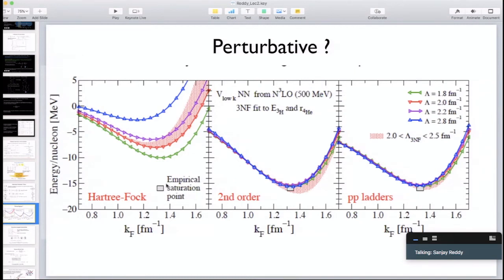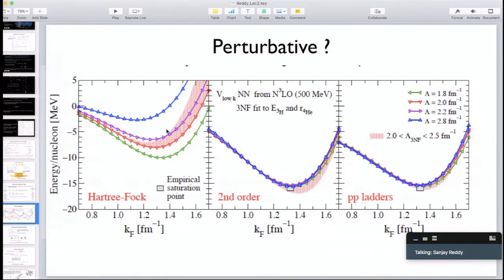We discussed that in the previous lecture. We know that the saturation point for symmetric matter is shown by this box, which is called the empirical saturation point. So we expect nuclear matter, equal numbers of neutrons and protons, to saturate at this point and have an energy of order minus 16 MeV.